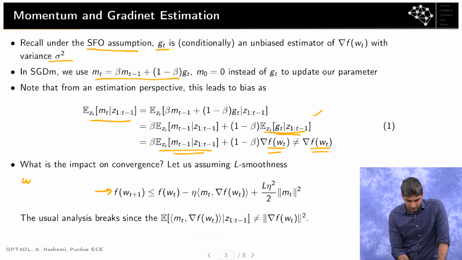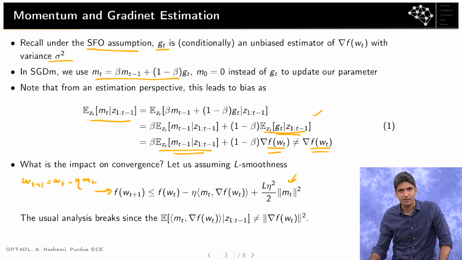Recall that our update, in this case, is not in the direction of the stochastic gradient, we are going in the direction of the momentum instead. So using this update and using the definition of smoothness, we can arrive at this expression. It's nothing complicated.